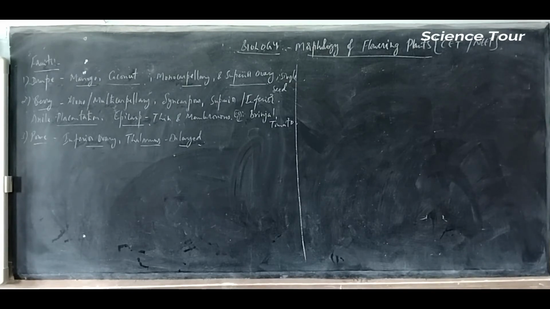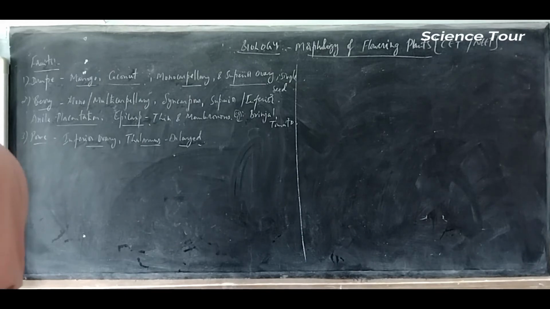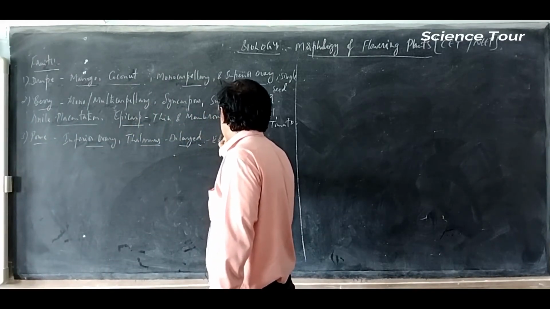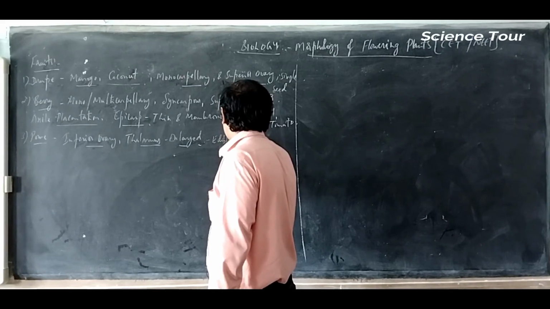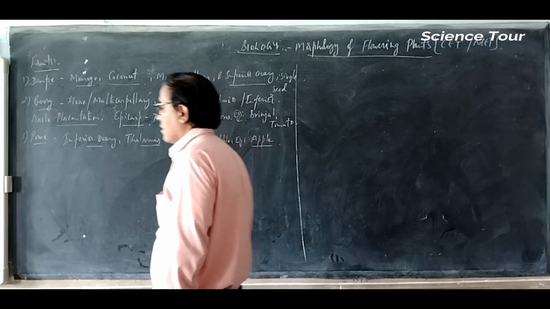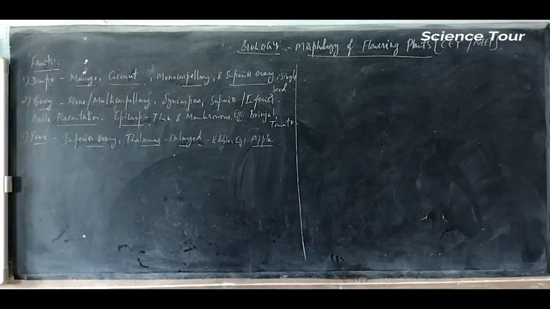Next, the thalamus becomes the edible part here. The thalamus is enlarged and it is edible. Now example for this is apple. So apple is an example for pome.